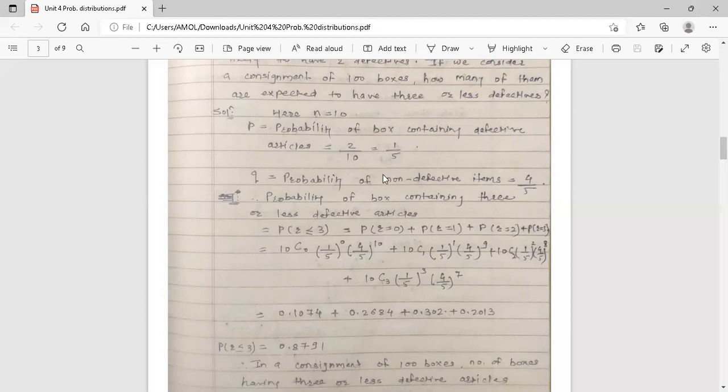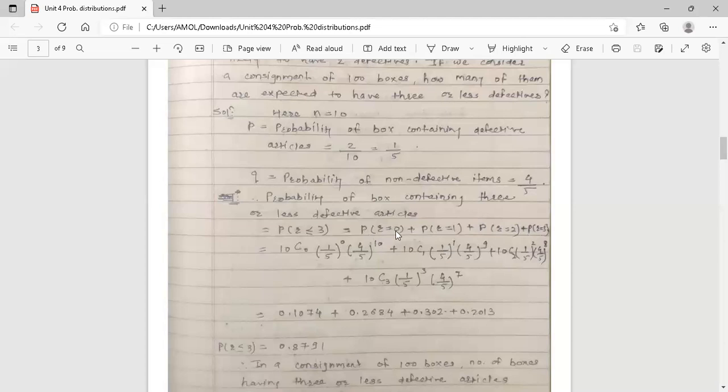R is equal to 0, 1, 2, 3. Then you add all the probabilities, because these are independent, exclusive events. So you add P of R equal to 0, P of R equal to 1, R equal to 2, R equal to 3. 3 or less, so up to 3.